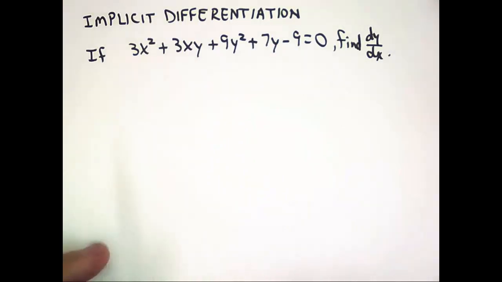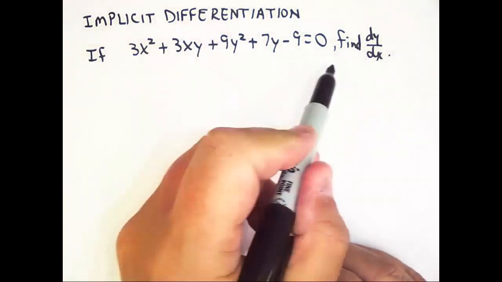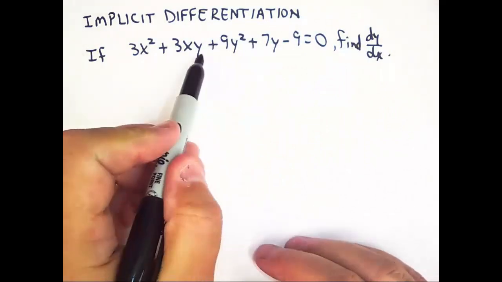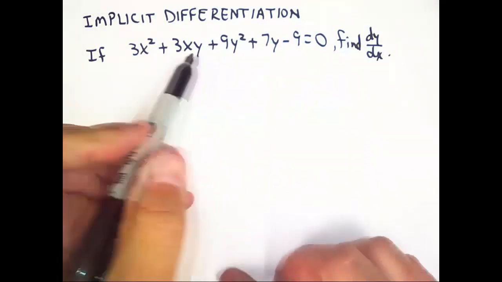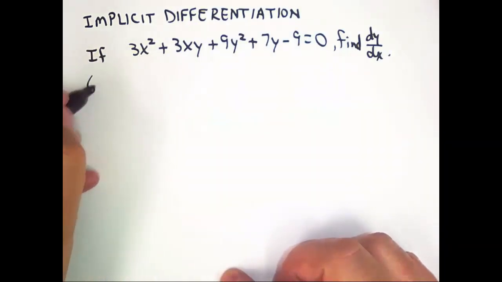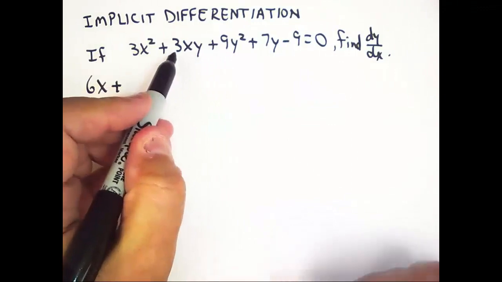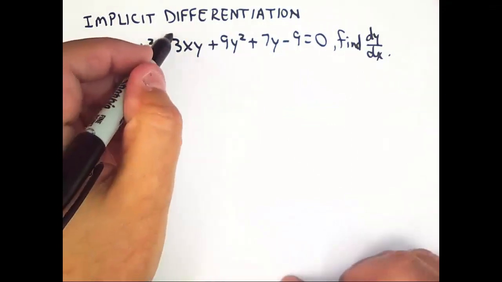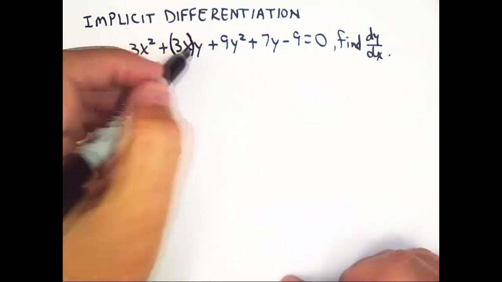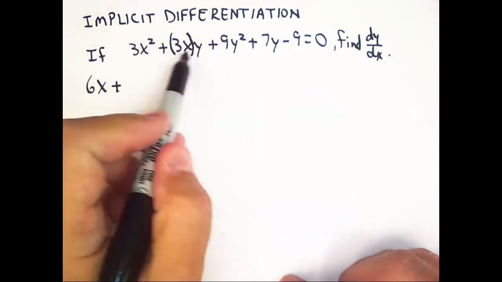This time it's a little more complicated. You still take the derivative term by term under the assumption that y is a function of x. So the derivative of 3x squared is going to be 6x plus, now the second term is a product, so you want to think of 3x as one factor, and y is the other, and use the product rule.